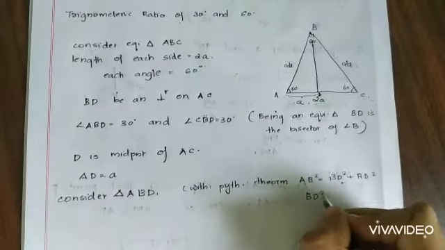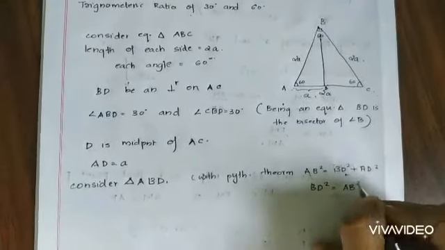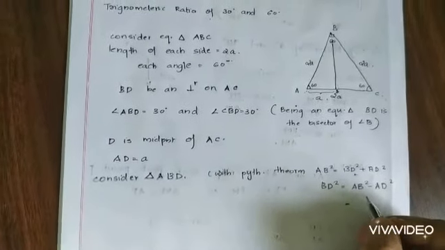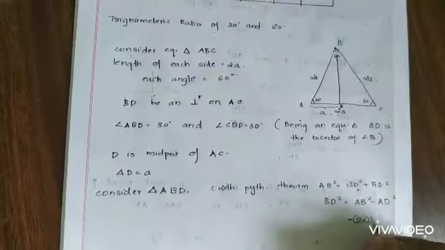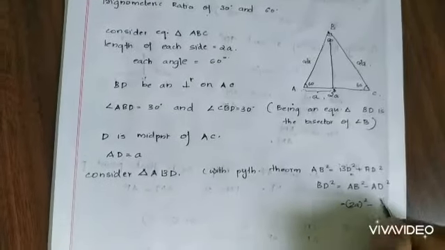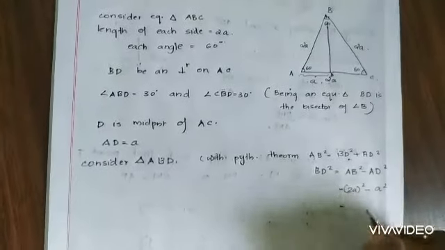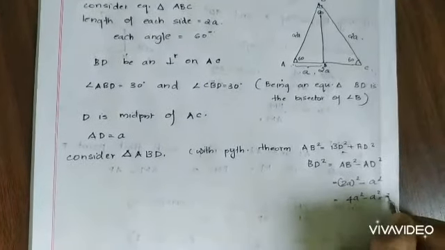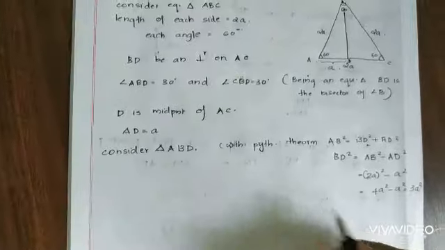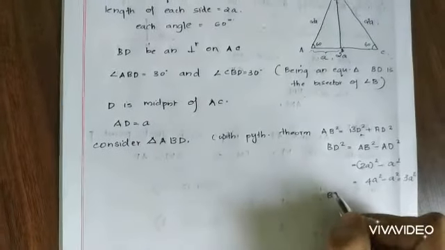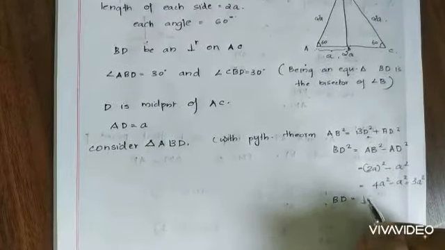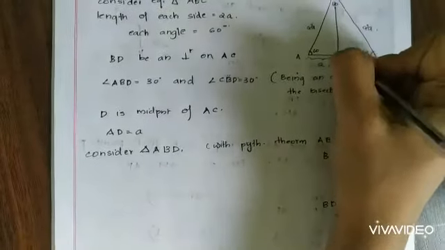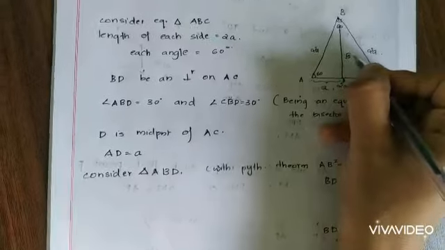Now, BD square is equal to AB square minus AD square. We know AB square is 2A whole square and AD square is A square. This implies 4A square minus A square, which is equal to 3A square. Thus, BD comes out as root 3A.